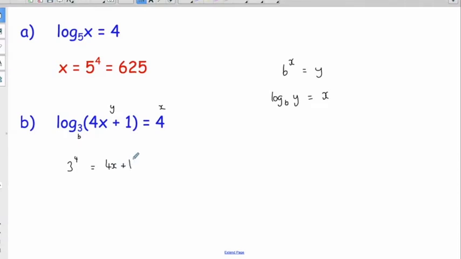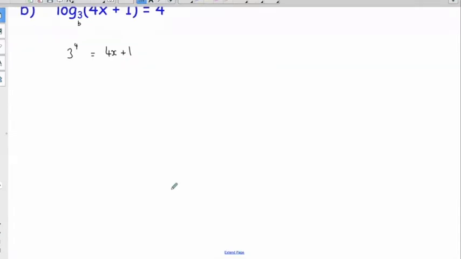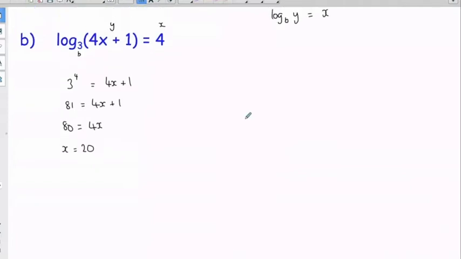So we've got to work out x. There's a little bit more work to do this time. 3 to the power of 4 we know. 3 to the power of 4 is 81. I'm going to subtract 1 to get 4x, and I'm going to divide by 4 to get 20. So that's the answer to this one. Log to the base 3 of 4x plus 1 equals 4 means that x needs to be 20. Okay?